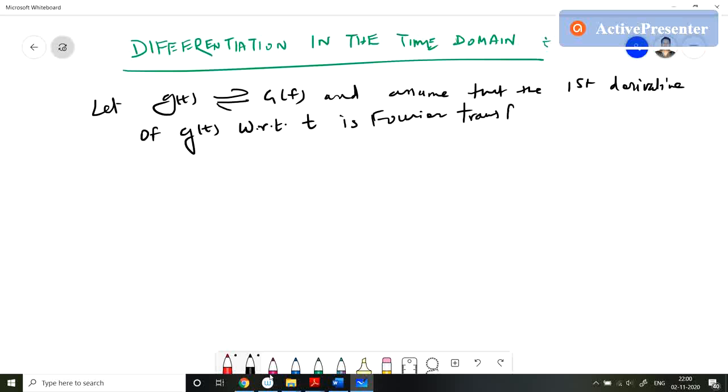Then the Fourier transform of d by dt of g(t) is equal to j 2 pi f into G(f).